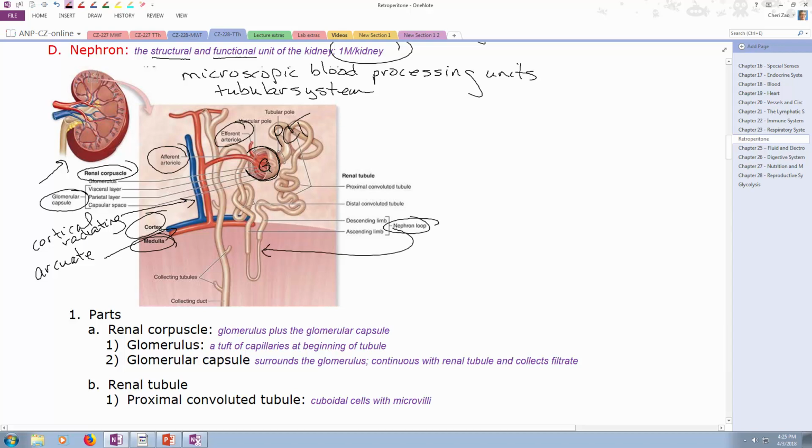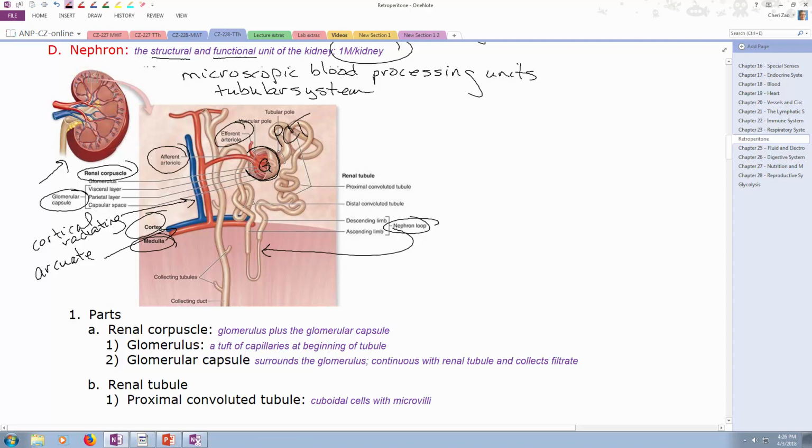And look where the nephron loop goes. We were in the cortex with all this, and now that nephron loop is going to dip into the medullary area. That's a very, very important area because we're going to go over how we make our urine concentrated. This area is key to helping us make concentrated urine.